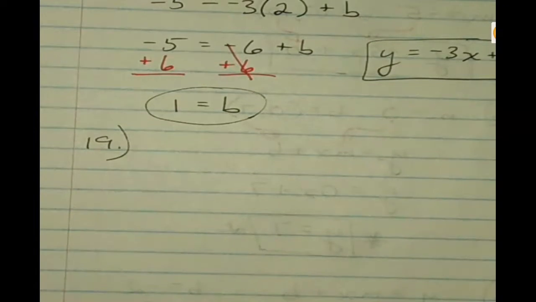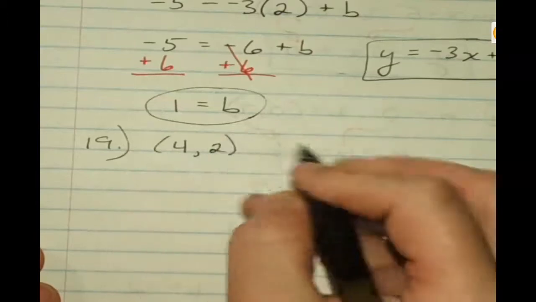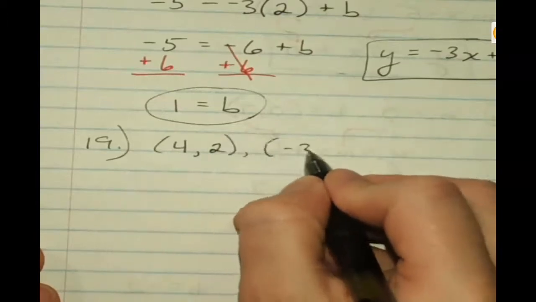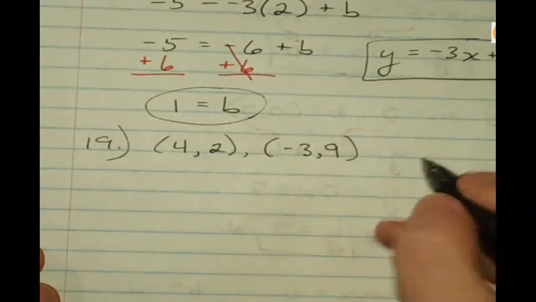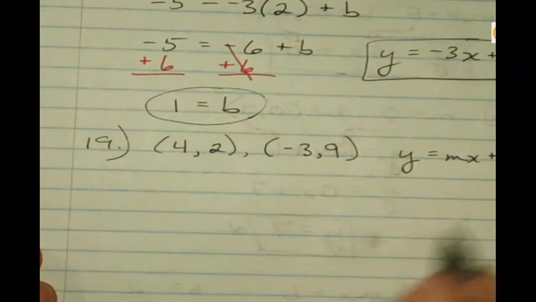All right, this time it says write the equation of the line passing through these 2 points. They gave us 4, 2, and -3 and 9.